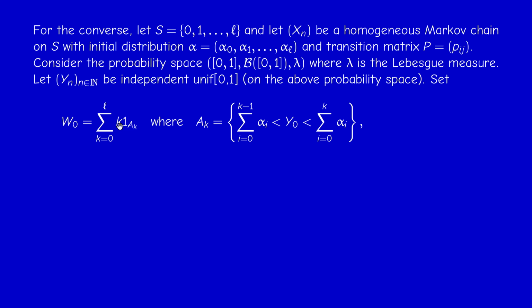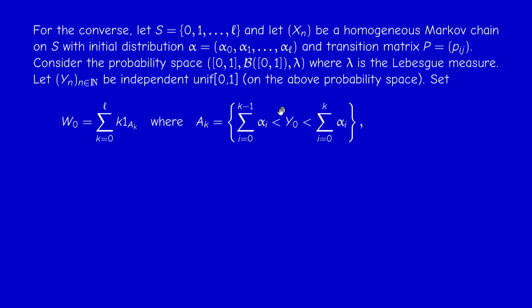They are just 0, 1, 2 up to L, because they are just k times a characteristic function, which takes just two values, 0 and 1. So the values taken by W0 are just k from 0 to L. Now, with which probability? The probability is given by the probability of Ak, which is just lambda here in this case. So lambda is just the length of this interval.